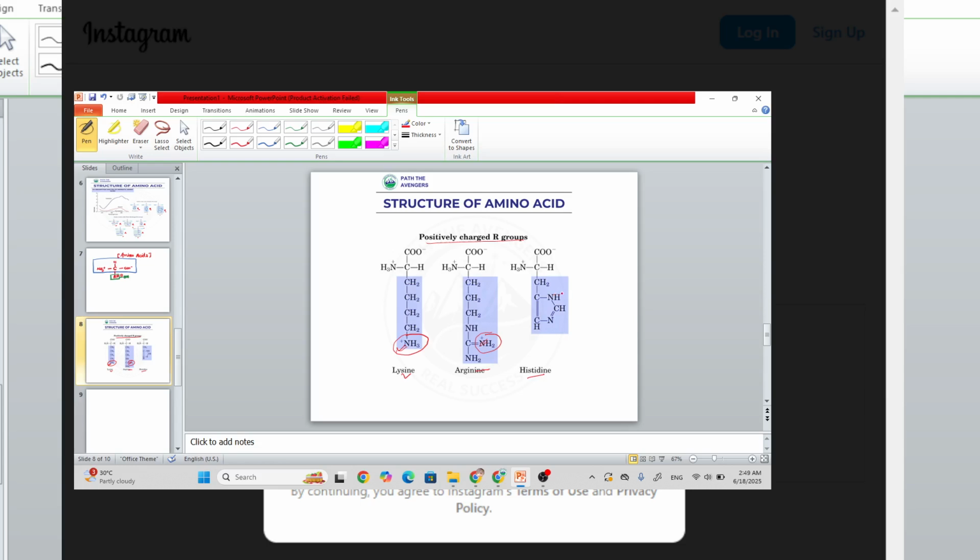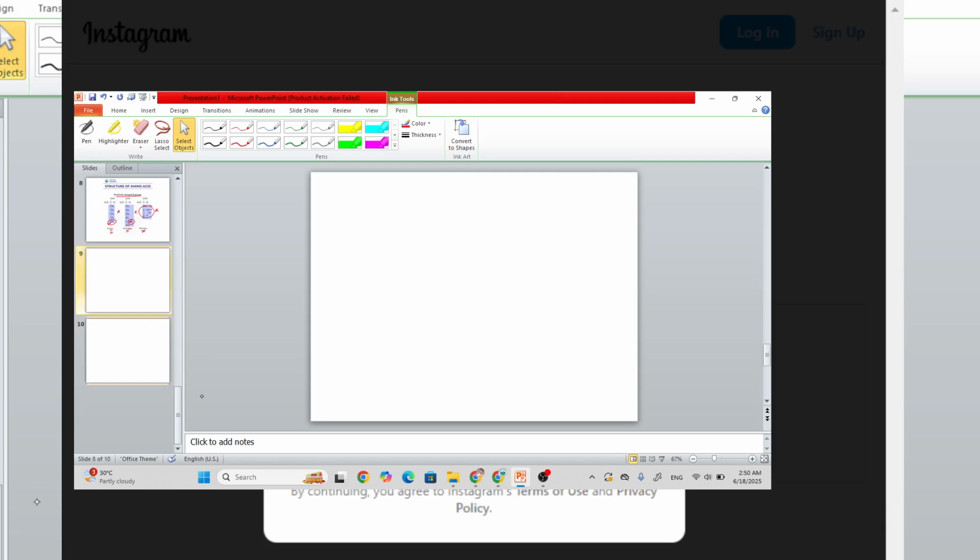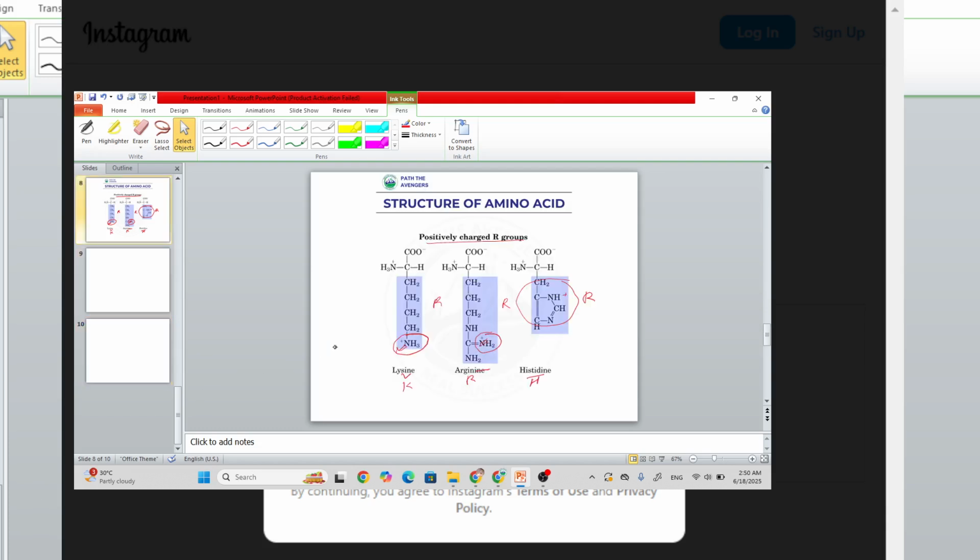These are the R chains. Lysine, arginine and histidine: K, R and H, the single letter abbreviations. Okay. We will continue tomorrow.